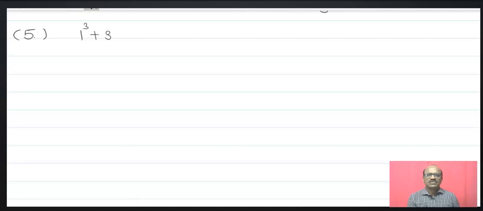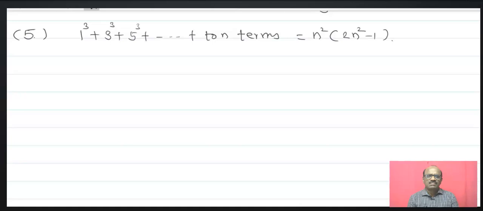That is, 1 cube plus 3 cube plus 5 cube plus dash dash to the n term is equal to n square in bracket 2n square minus 1. Now here we do not have the last term, therefore we'll calculate it.